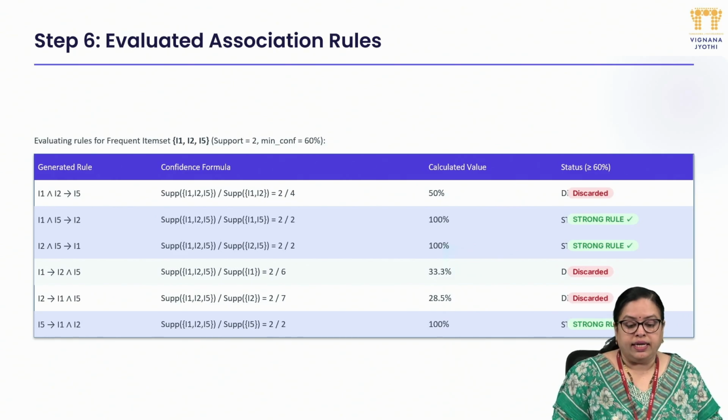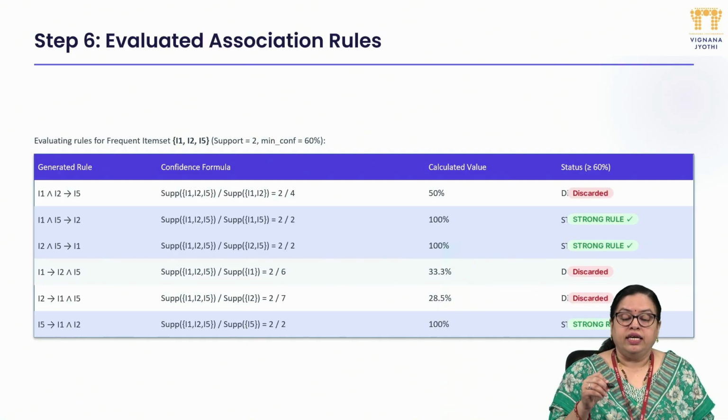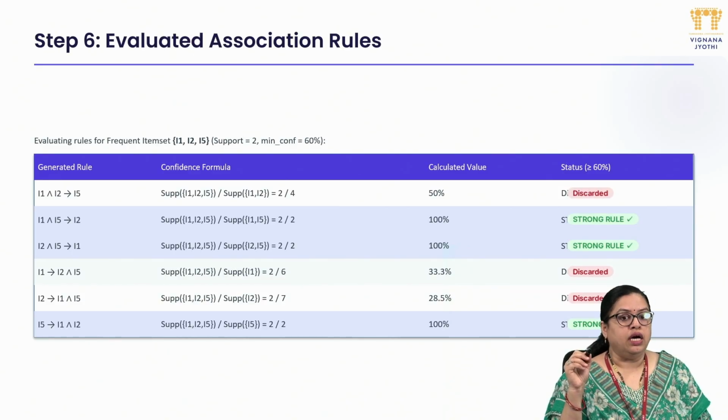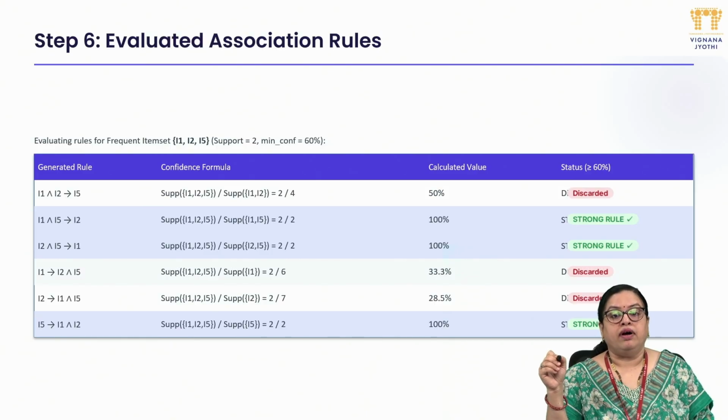First I1 and I2 we take together as A, and I5 is second, which is B. So I1, I2 is A and I5 is B. Support of A union B means support of I1, I2, I5, divided by support of A, which is the support of I1 and I2.